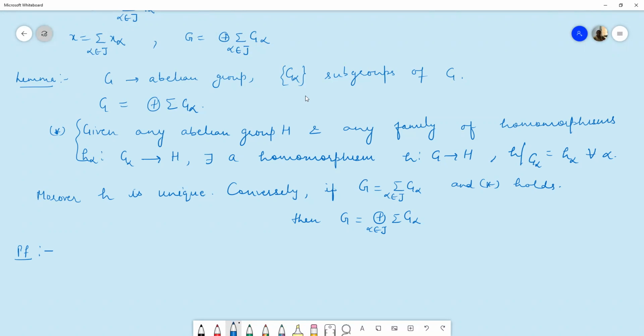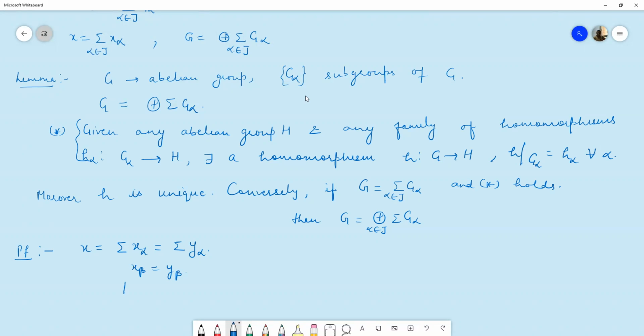That means we have to prove only that every element X of G can be written uniquely as a sum of elements of G alpha. So let us take an element X which has two different expressions, say summation X alpha and summation Y alpha. We have to prove uniqueness for this X. So we take any particular index beta. We want to show X beta is equal to Y beta.